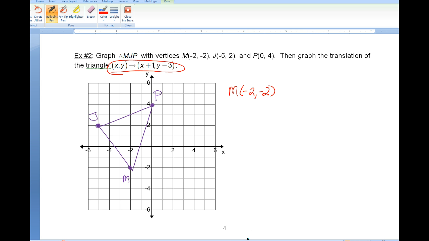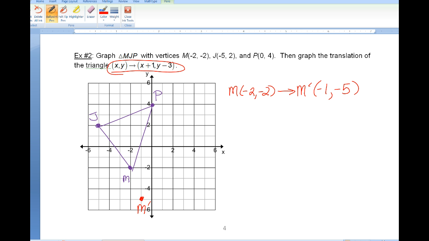One is to take the point and just plug it into our translation that was provided. So if I have negative 2 plus 1, we'll get a negative 1. And then if I have negative 2 minus 3, I get a minus 5. So that's one way where I would just plug it in. I get negative 1, negative 5. So here is M prime.